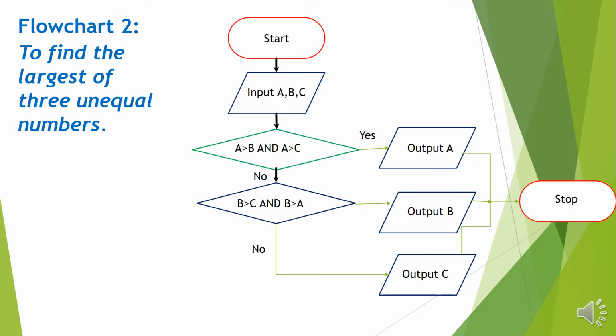This is flowchart number 2, which has to find the largest of three unequal numbers.